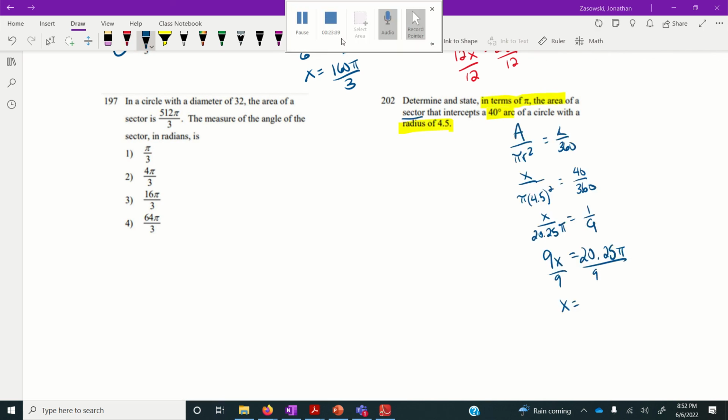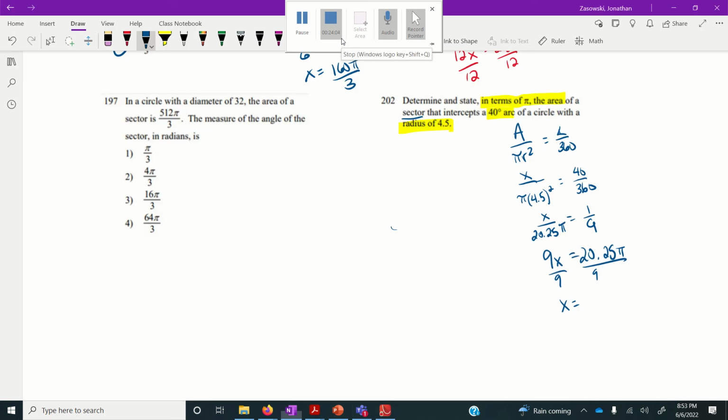Okay, so going through it, you should have set up our ratio. So x over pi r squared, angle over 360. So 4.5 is going to be our radius. Square it, you get 20.25 pi, and then this reduces down to 1/9. So cross multiply. Okay, 9x is equal to 20.25 pi, and then just divide out by 9.